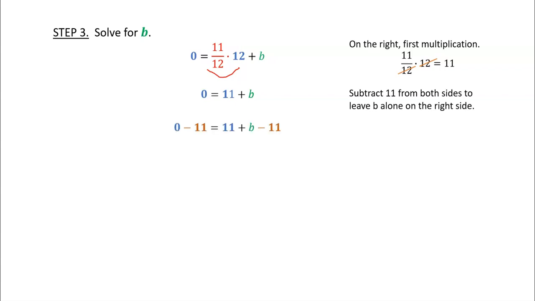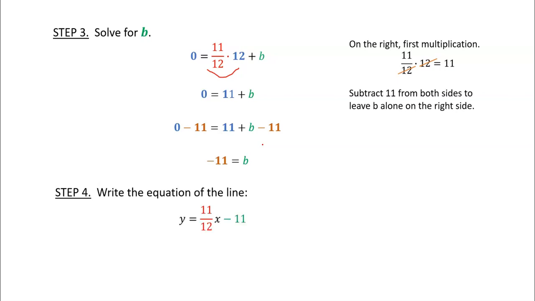These 11s cancel and we get b is equal to -11. So we found b also. Now we can fully write the equation of the line, which is y is equal to 11 over 12 x minus 11.